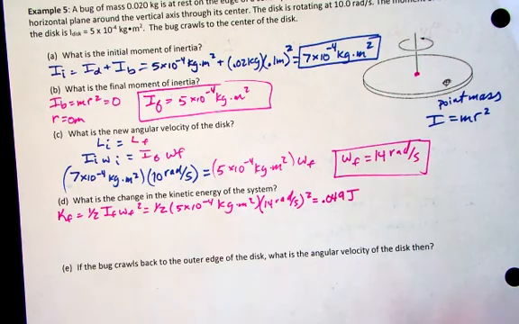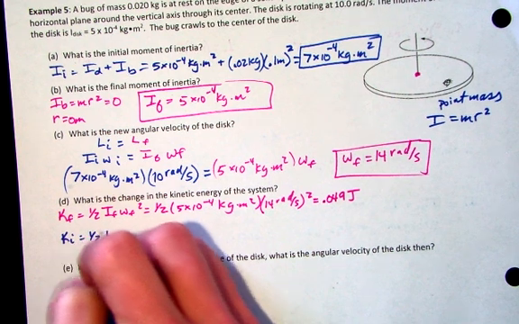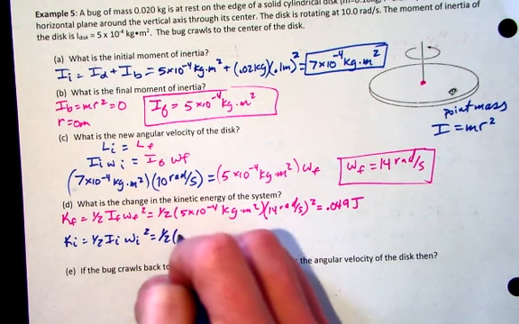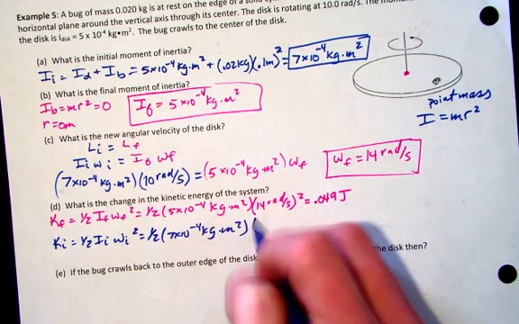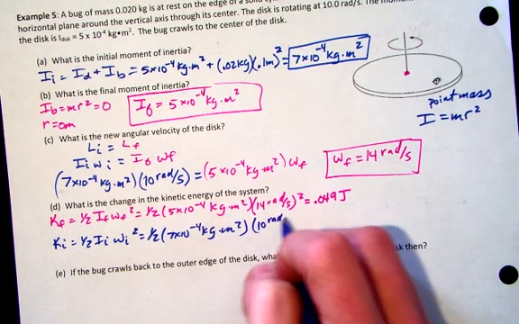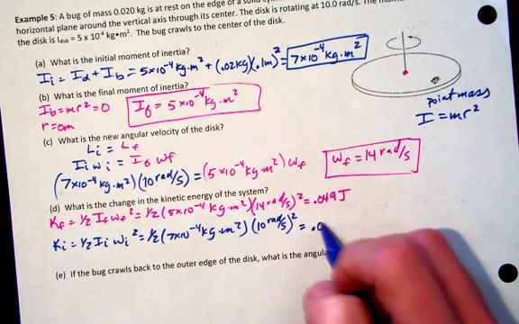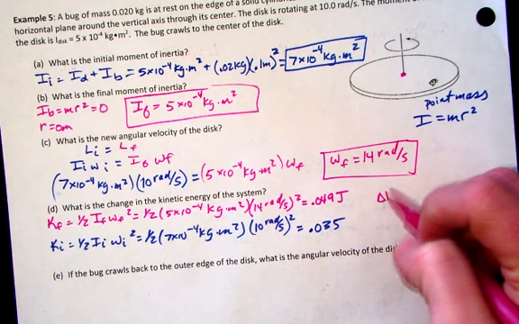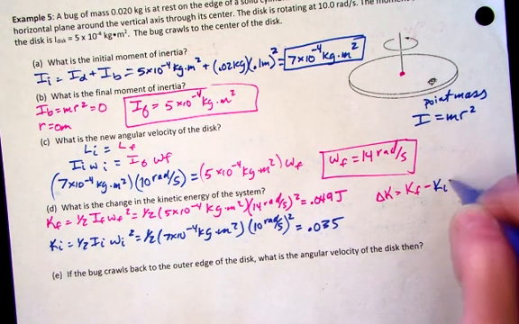and that ends up being 0.049 joules. Now our initial kinetic energy was 1/2 I initial omega initial squared. That's 1/2 times 7 times 10 to the negative 4th kilograms times meter squared, our initial velocity was 10 radians per second. We want to square that velocity, and then we end up with 0.035. So if we're looking for the change in kinetic energy, remember that's K final minus K initial.